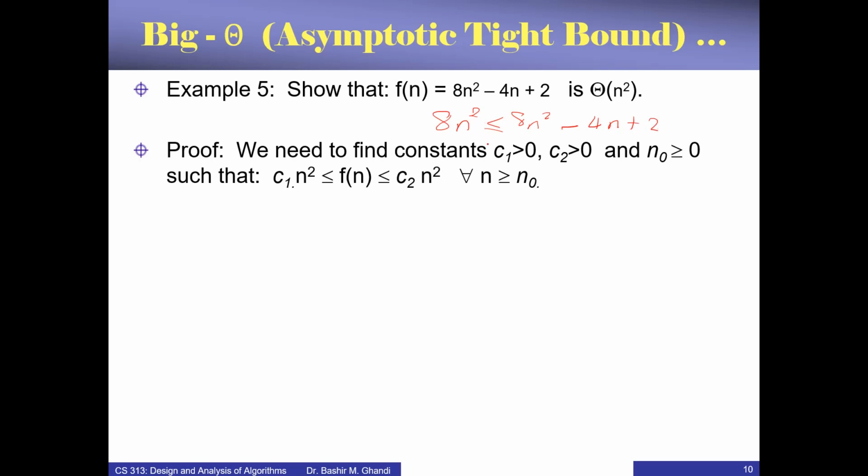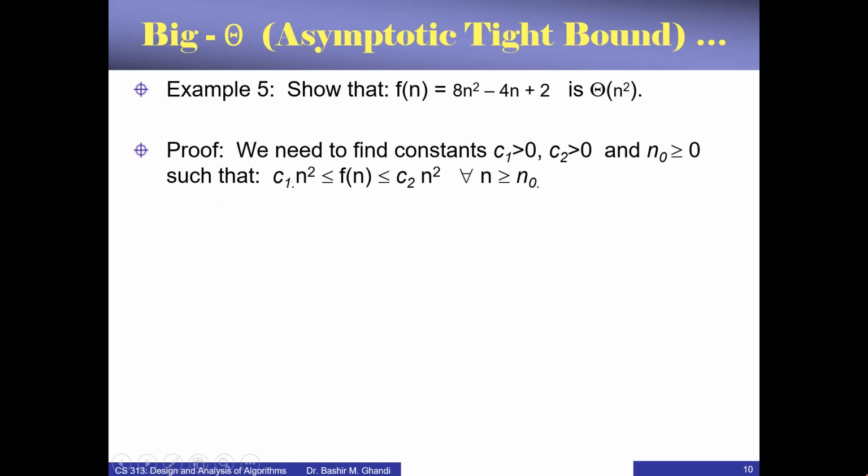Students normally do this, and this is wrong, because here we are subtracting from 8n squared, so it's not going to be bigger than if we didn't subtract. So this definitely is wrong. Okay, and you have to be careful about it. So what do we do in that case?